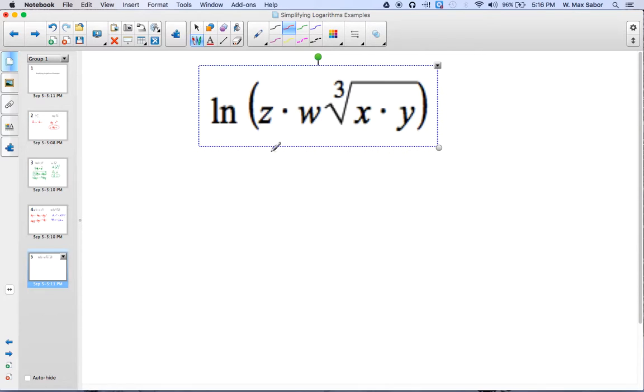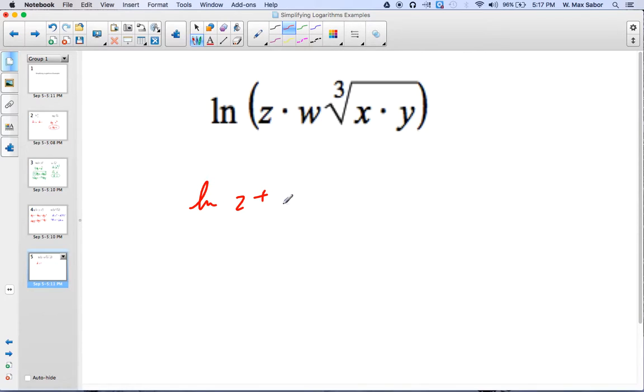One last example. We have that these two are connected with multiplication and these two are connected with multiplication, so we can treat this as natural log of z, natural log of w, and the natural log of x times y to the 1/3, which is the same thing as 1/3 natural log of xy.